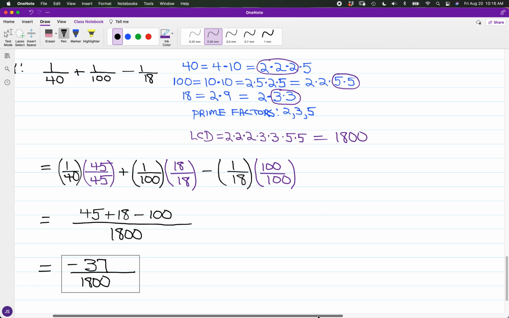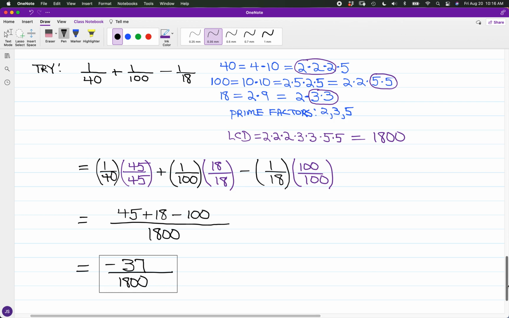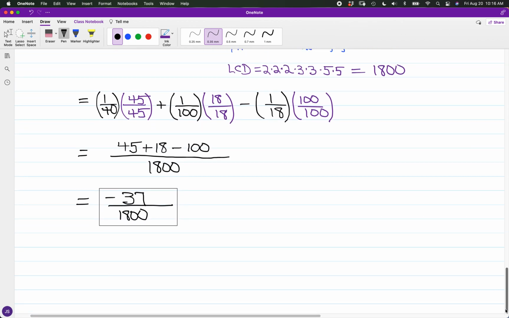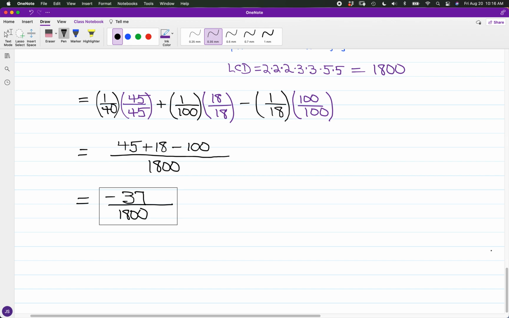Now, going back to fractions with variable denominators. We have number 48, and this problem presents a little bit of a different case. Here we have 4 over m minus 2 minus 3 over m.